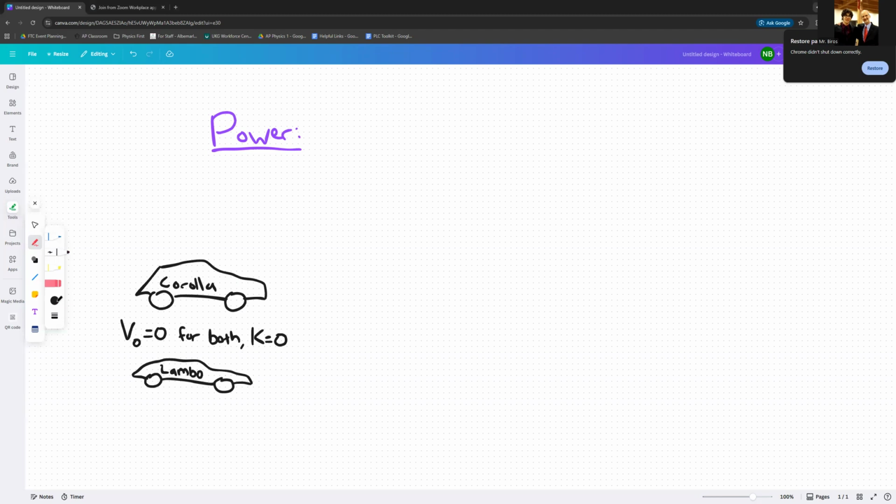And this is going to illustrate, of course, power. We'll look at them both as they go from 0 to, I don't know the conversion to meters per second, but that's okay. We're not really going to be doing any math here. So we'll say the V final for both of them is 60 miles an hour.